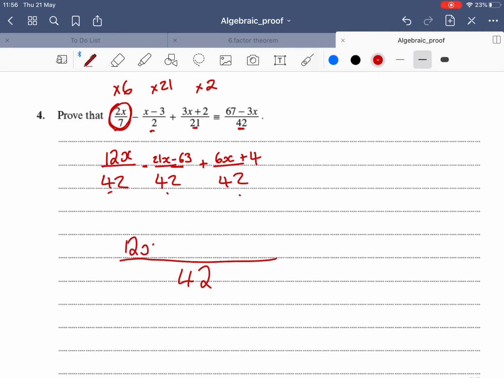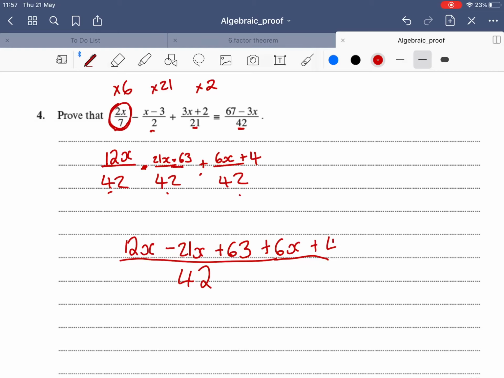So we've got 12x, we're subtracting 21x, and we're subtracting minus 63. That's going to become a positive 63, because when you subtract minus 63, you're actually adding 63. Then we're adding 6x, and we're adding positive 4.